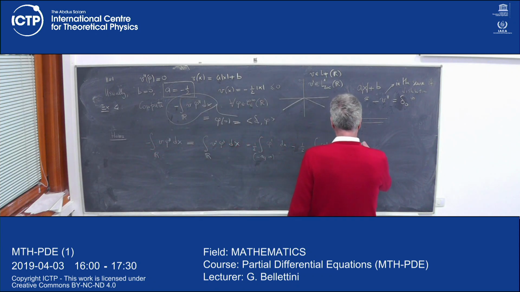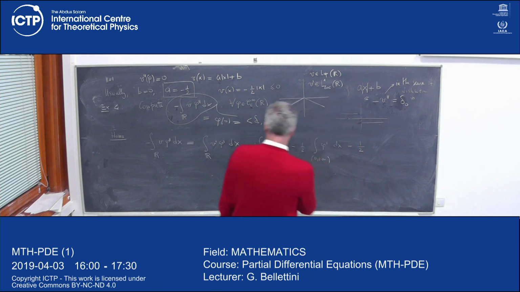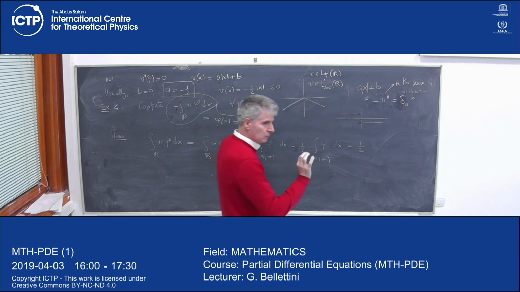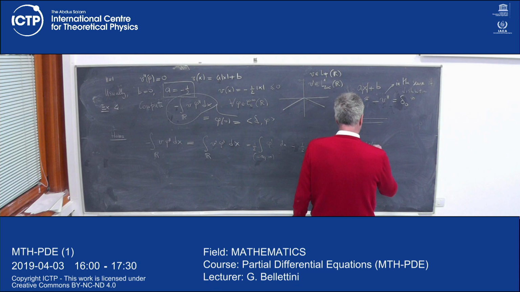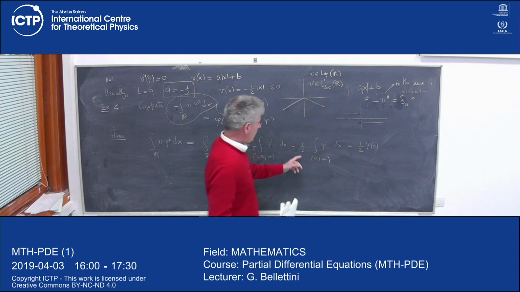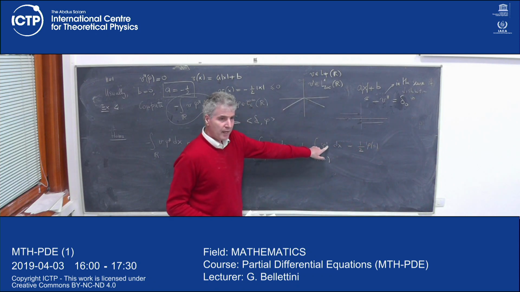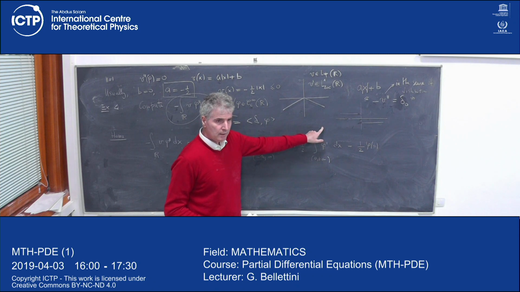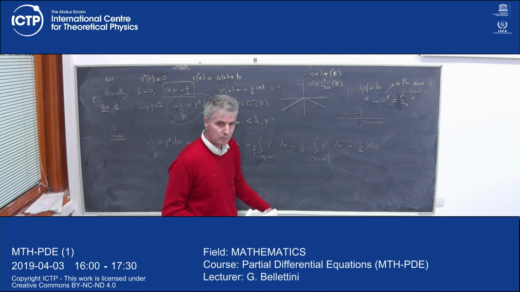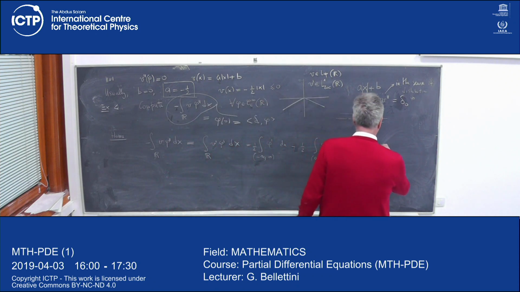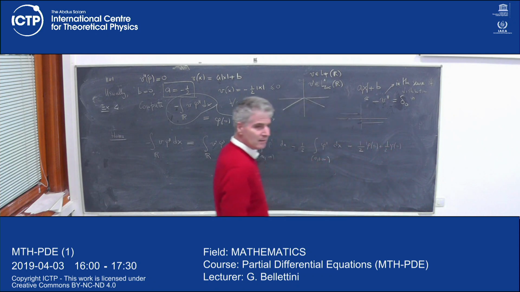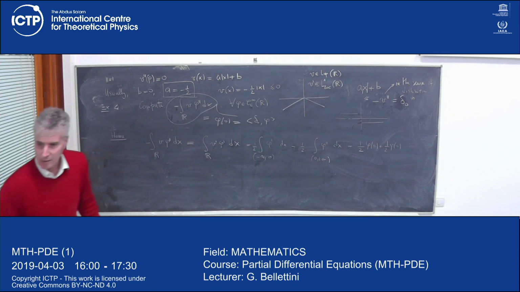So this is 1/2 phi at 0 minus 0. And now this is phi at plus infinity, which is 0, minus phi at 0. With the minus in front it is a plus. And this, sorry, at the end I made the exercise, so this is phi of 0.